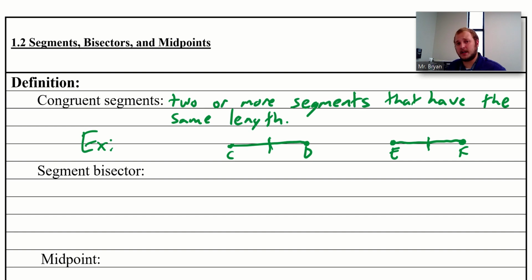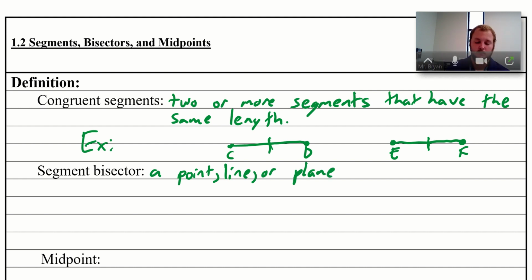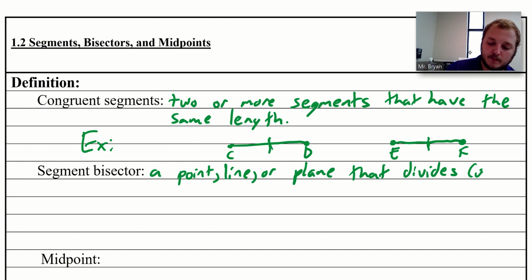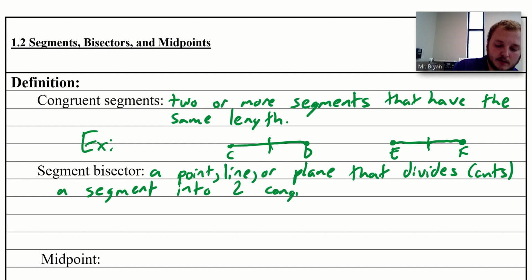Okay. Next thing we need to know, next term is a segment bisector. And a segment bisector is a point, line, or plane that basically divides, or I'm going to put in parentheses here, cuts a segment into two congruent halves.